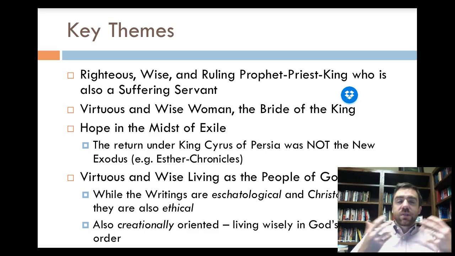All of this is pointing us forward to God renewing his people through his wise king who suffers and redeems his bride. When that happens, the people will live in the land with him in this way. Okay, so lots of stuff going on in the Writings section, but it's all eschatological. It's all looking forward to Christ.